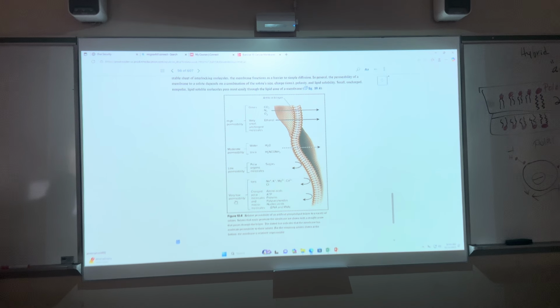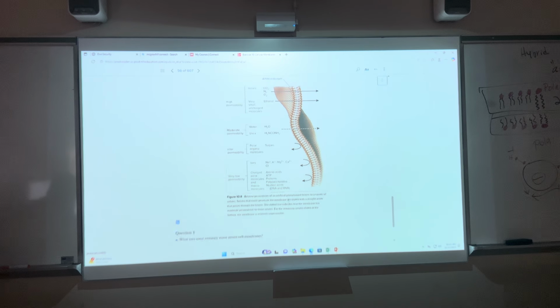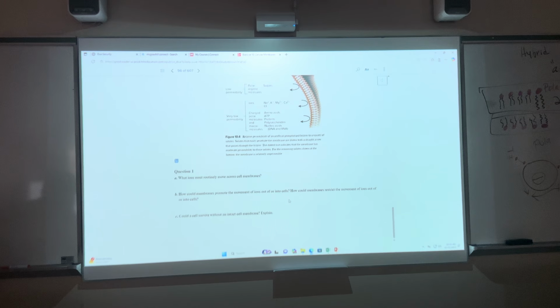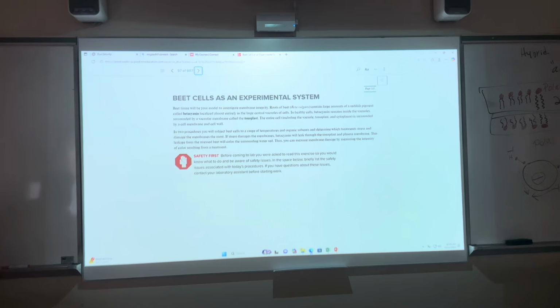And then there is very low permeability: ions, charged polar molecules, and macromolecules. These are amino acids, proteins, polysaccharides, nucleic acids, DNA, and RNA. Clear?